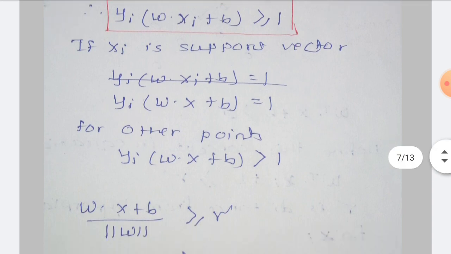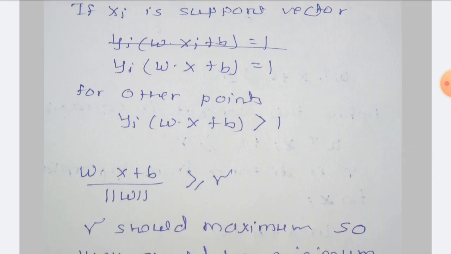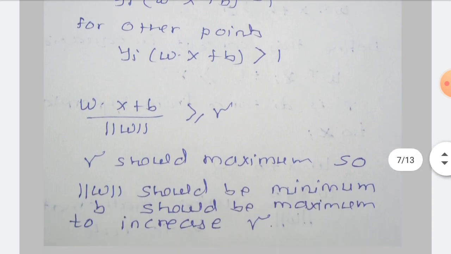Now (W dot x + b) divided by mod of W is greater than or equal to gamma. In this equation we require gamma to be maximum, so we must design a system with maximum gamma.